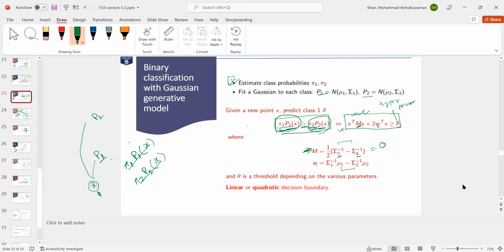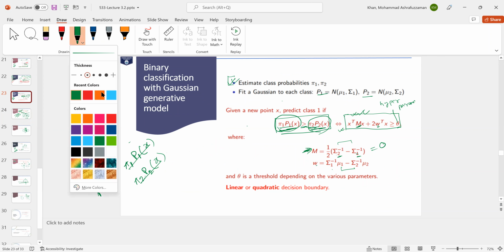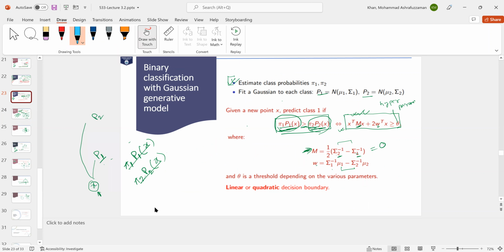We can see that this is the quadratic term, x^T M x. And w^T x will contain only dot products between the weight values and x, so it is a linear term. This is the only quadratic term here, and it is related with M.